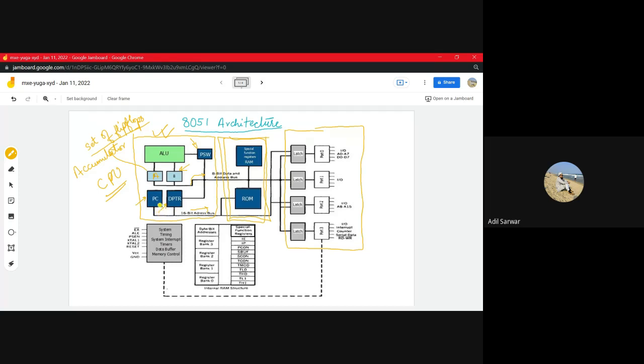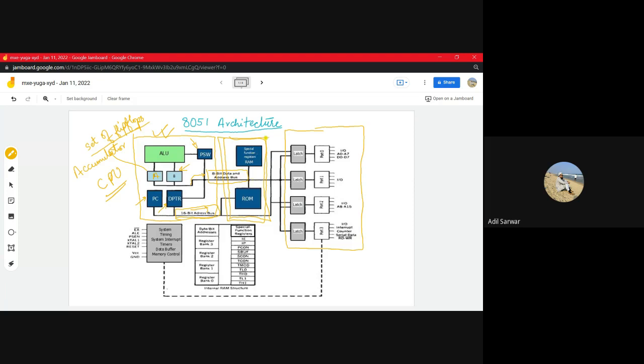PC points to the address of the next instruction and DPTR points to the address of the data. So that 16-bit address needs to be transferred with the help of the 16-bit address bus. Similarly here, A, B and PSW, all three are 8-bit registers. So they carry 8-bit data and at times an 8-bit address also. So an 8-bit data and address bus.